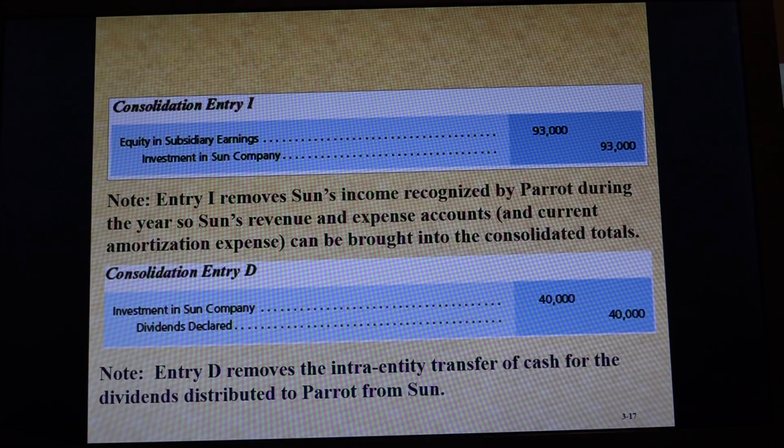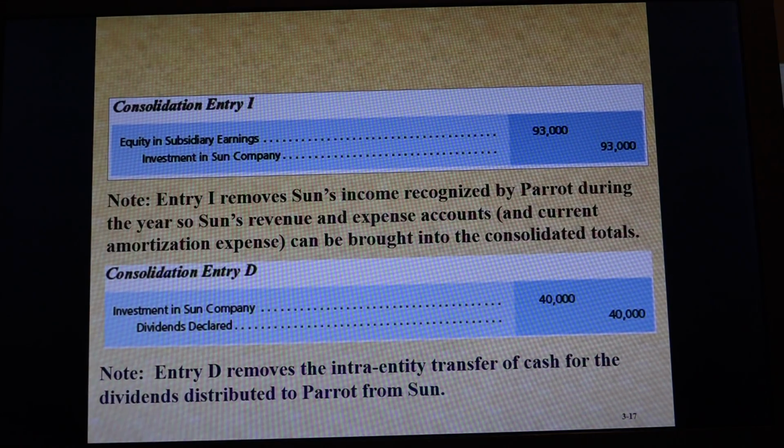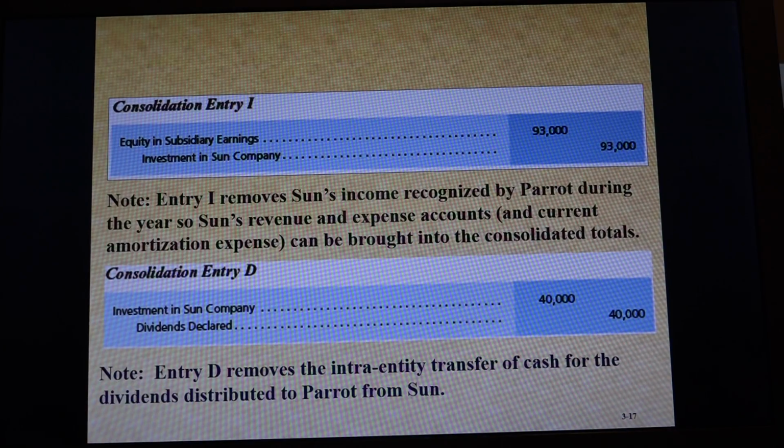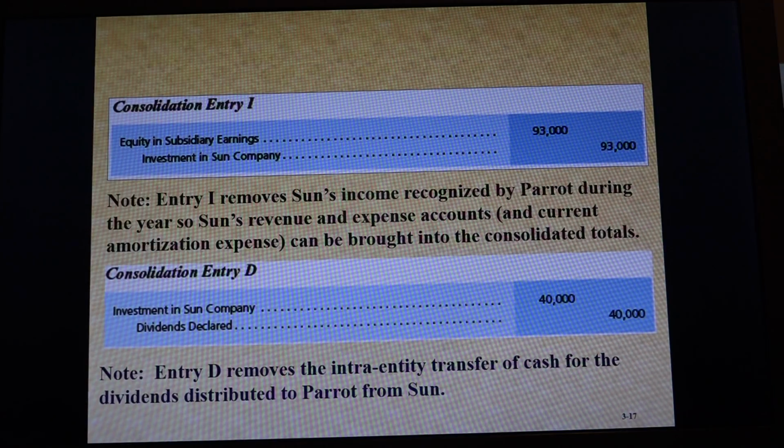All right, so here's your consolidation entry I dealing with income. Entry I removes Sun's income recognized by the parent during the year, so Sun's revenue and expense accounts and current amortization expense can be brought into the consolidation totals. The expense accounts they're talking about will be done in consolidation entry E here shortly.